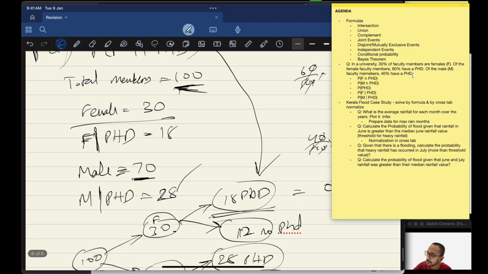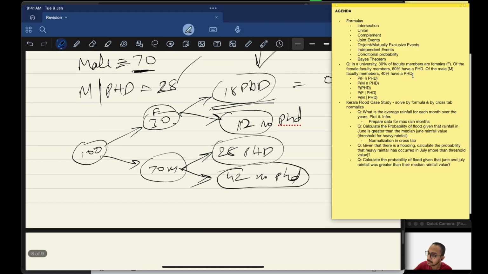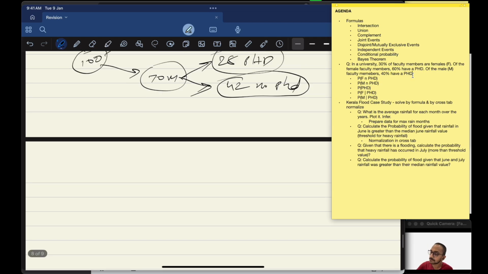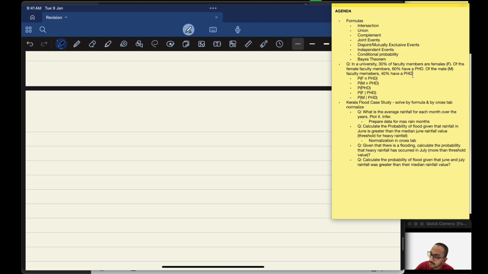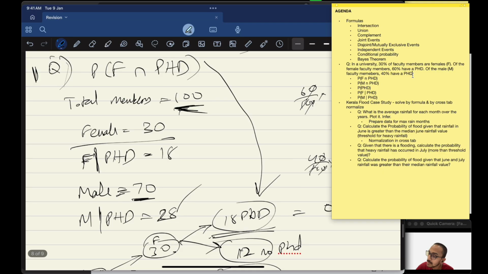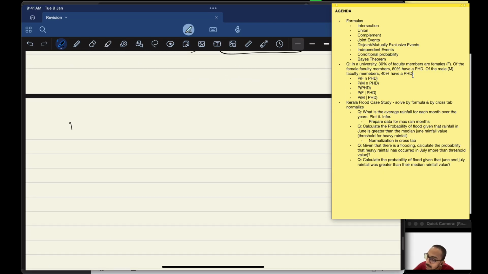Then how do we compute this using the formula, right? We'll do this using the formula. So again, for the given data, we already know the data. So P of F is 0.3.